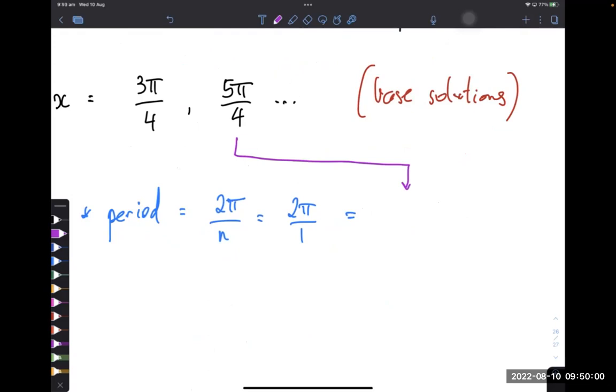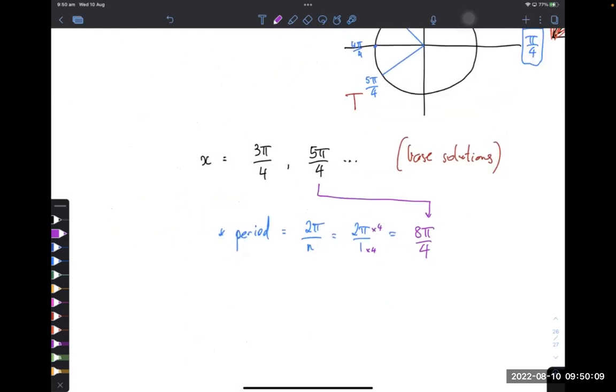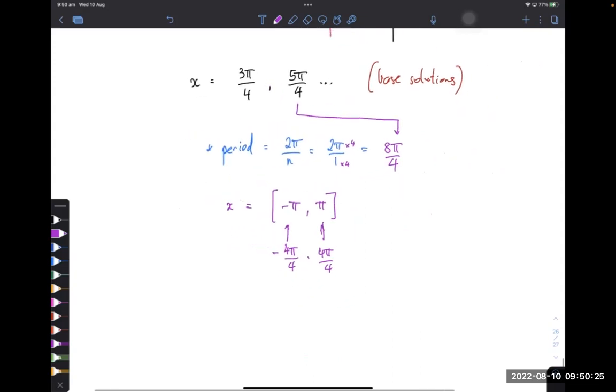Pi/4. So what's that the same as? 8pi/4. Thank you. Modify the domain. It was negative pi to pi before. Negative 4pi/4 and positive 4pi/4. Okay, we've got our solutions now, yeah?